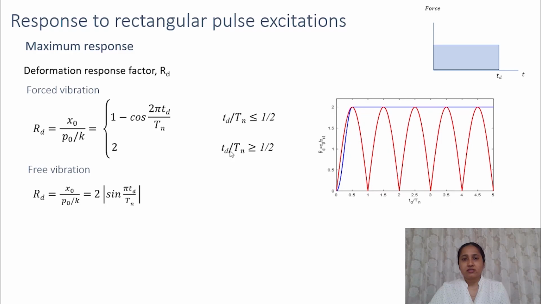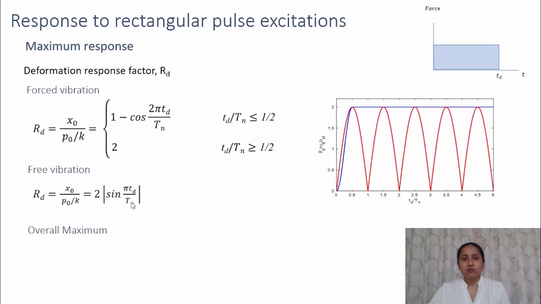After Td by Tn is equal to half, that is if Td by Tn is more than half, then the maximum amplitude will be 2 irrespective of the value of Td by Tn. So this plot gives Rd versus Td by Tn. So we can find the value of Rd for any value of Td by Tn using this.